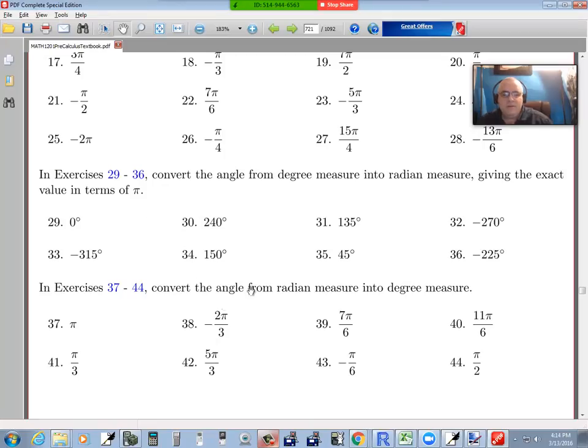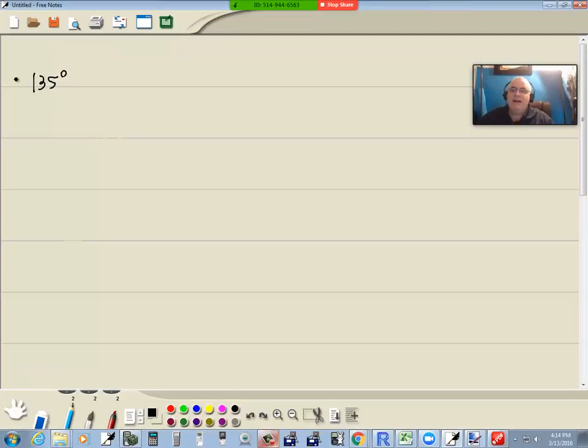Okay, so we've got 135 degrees. Convert the angle from degree measure into radian, give an exact value. I'll again use dimensional analysis. So I'll put it over 1.